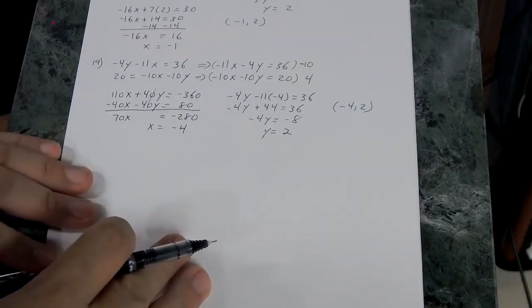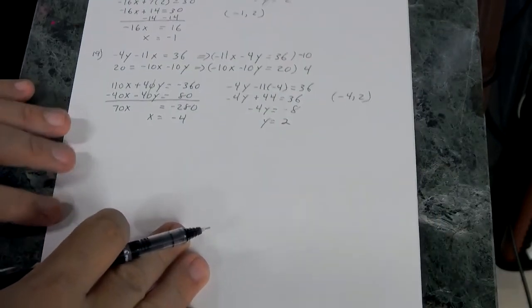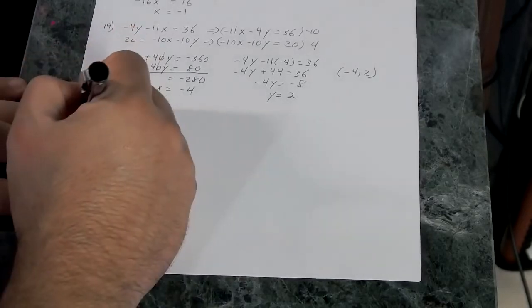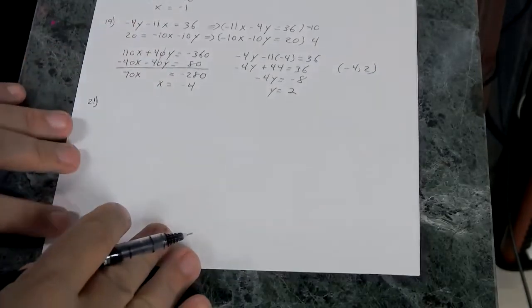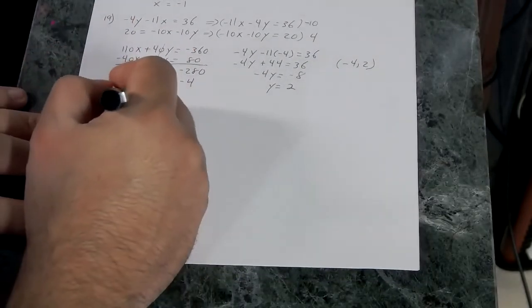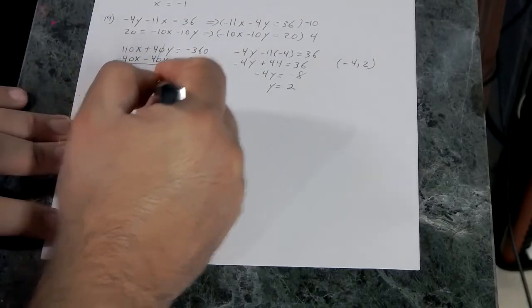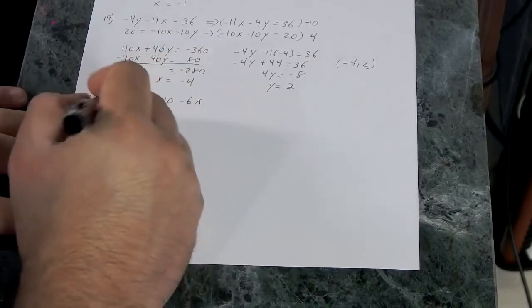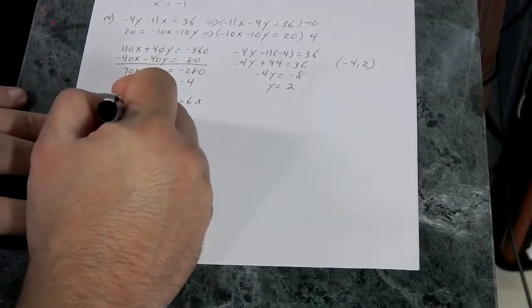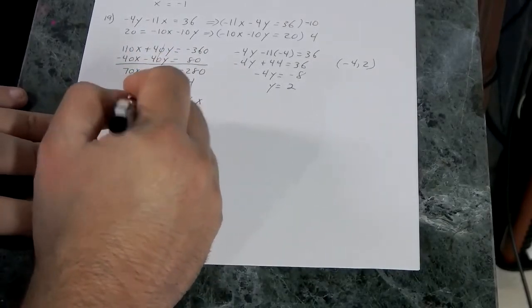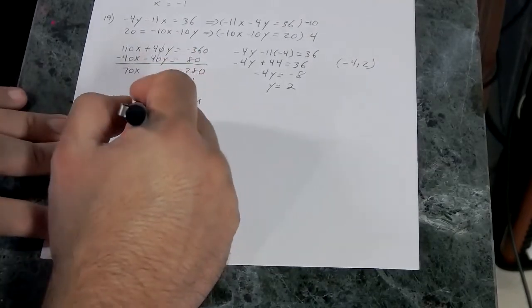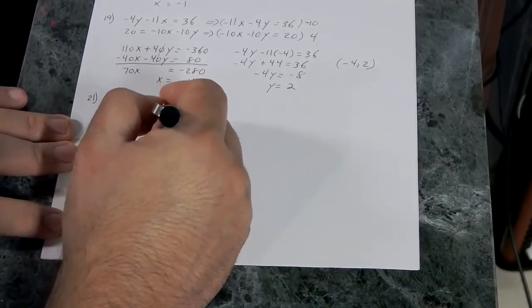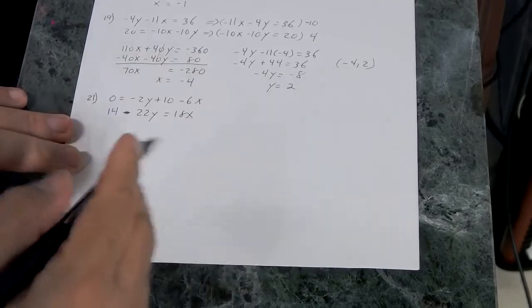And finally, number 21. We have 0 equaling negative 2y plus 10 minus 6x. And we have 14 minus 22y equaling 18x.